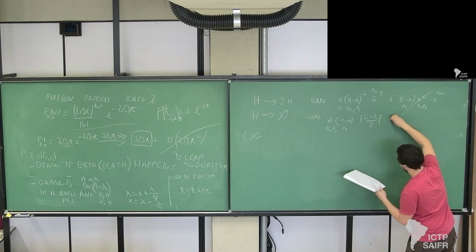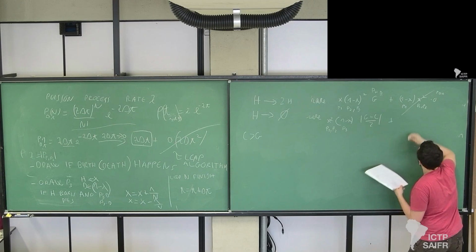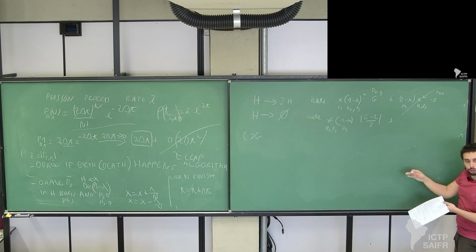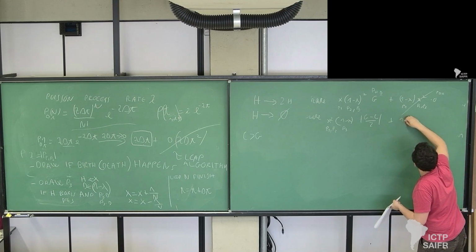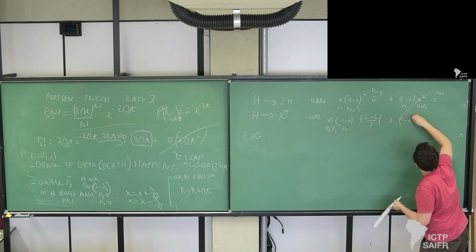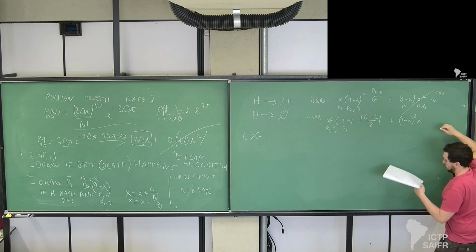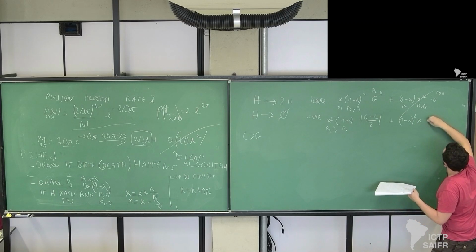Plus the probability that player 1 and 2 are doves and they replace a hawk. So you have (1 minus x) squared times x times G over 2.